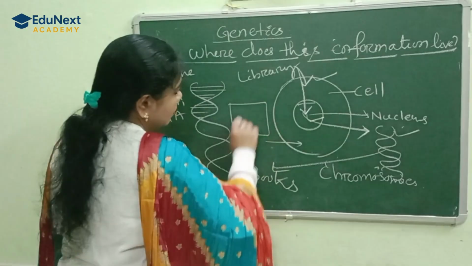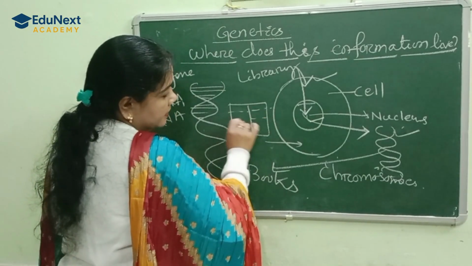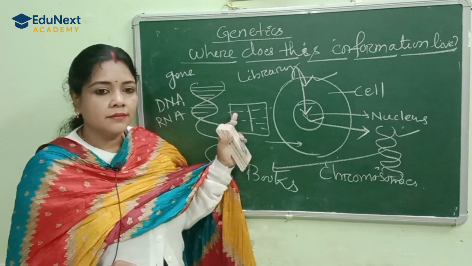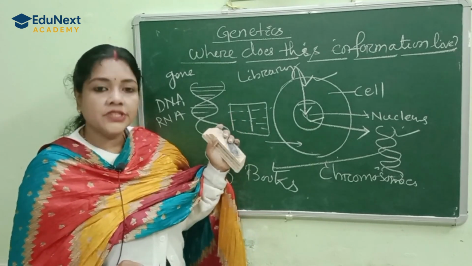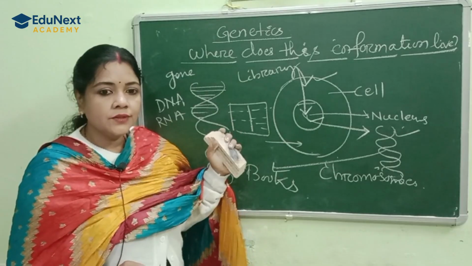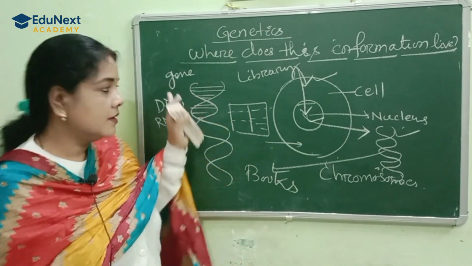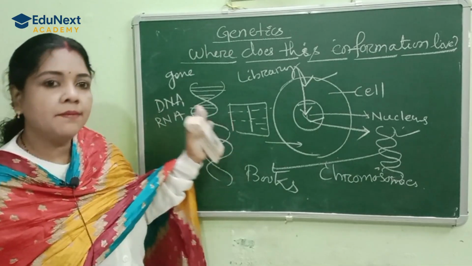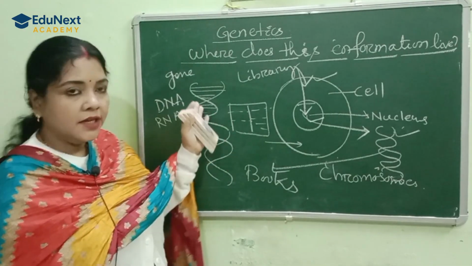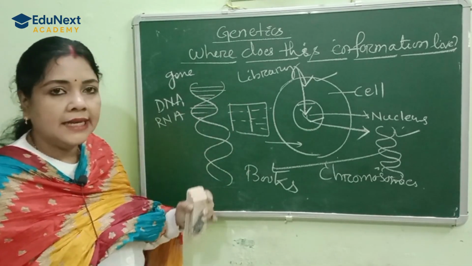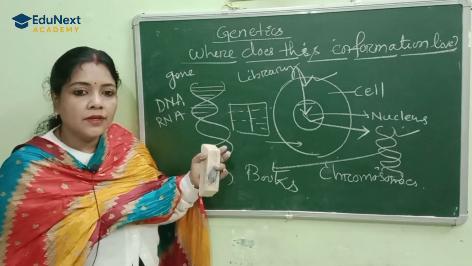Inside a book some sentences are written, and these sentences are your genes. In this way, your gene is found inside the DNA. A gene is a part of DNA. DNA is present inside the chromosome. The chromosome is a thread-like structure present in our nucleus.